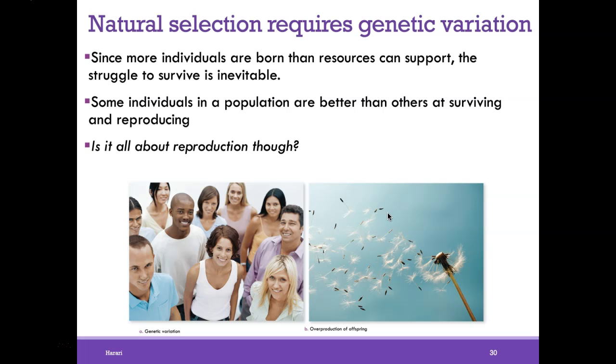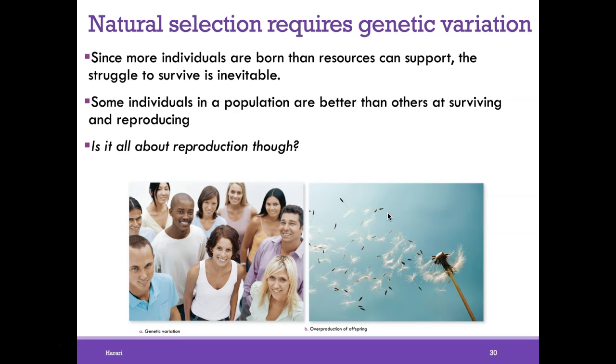Well, the key is survival and reproduction. And you can't just reproduce and expect your children to survive. In fact, it takes a village to raise a child. So if you only were to reproduce, you would just create a lot of different organisms, but not be able to take care of them.